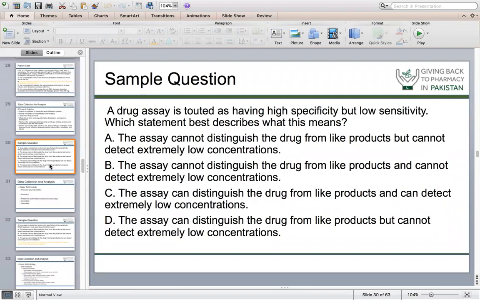B, the assay cannot distinguish the drug from like products, but can detect extremely low concentrations. C, the assay can distinguish the drug from like products and can detect extremely low concentrations. D, the assay can distinguish the drug from like products, but cannot detect extremely low concentrations. What do you think will be the right answer? You can try.